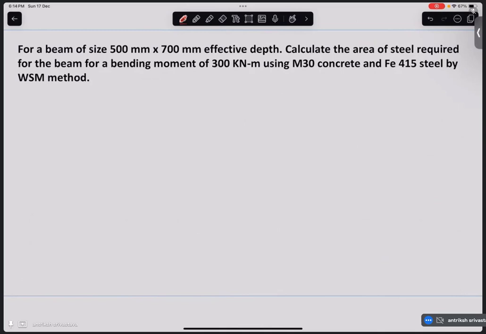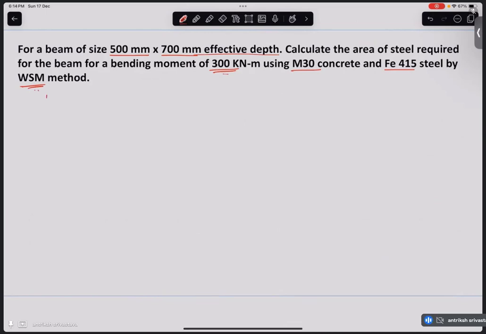let's start. First question. For a beam of size 500 mm into 700 mm effective depth, calculate the area of steel required for the beam for a bending moment of 300 kN using M30 concrete and Fe415 steel by WSM method.